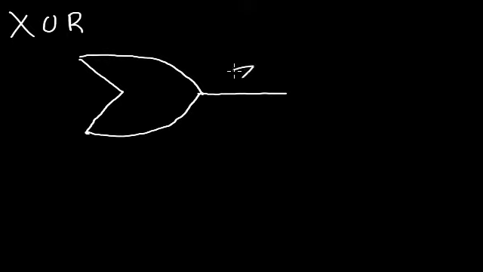So this is the output Z, and this is the inputs A and B. Whenever you observe that the inputs don't really touch the gate, and yet an outcome is produced, it's serving as the XOR gate.